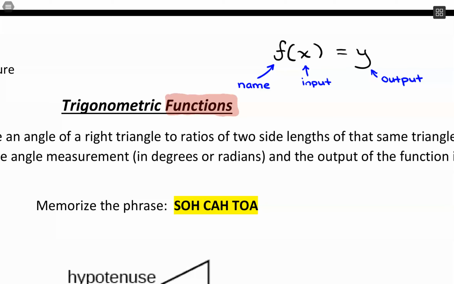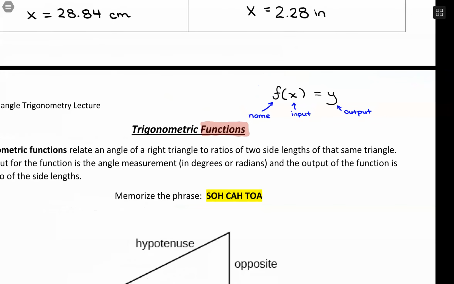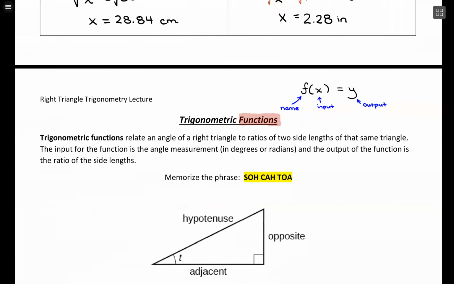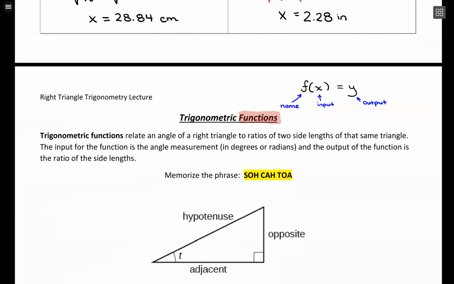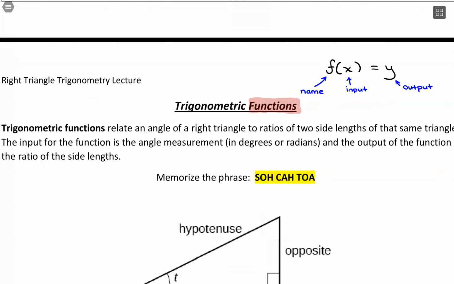When we look at trig functions, it's the same idea, but what's going to change is this relationship of what our input is and what our output is. Trigonometric functions relate an angle of a right triangle to ratios of two side lengths. So the input for our trigonometric function is going to be some angle, and this angle can be given in degrees or radians.